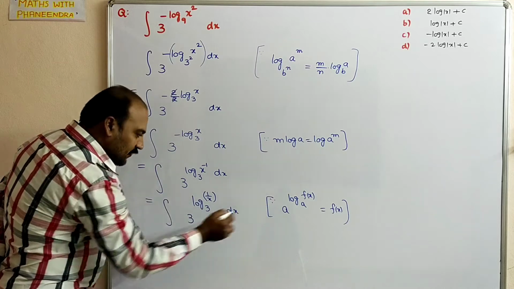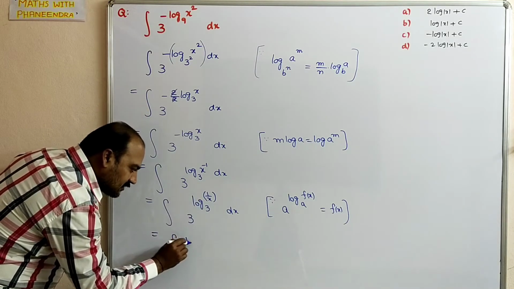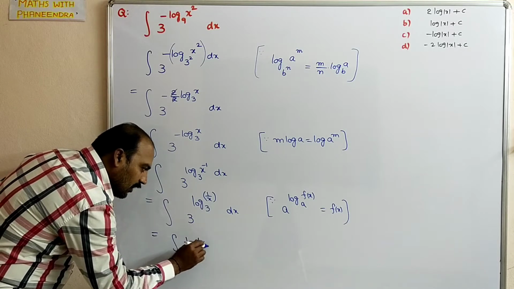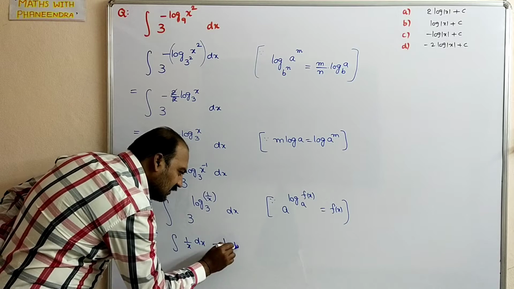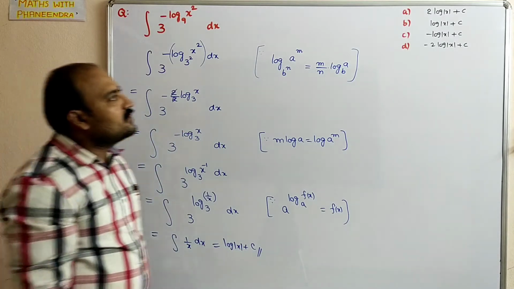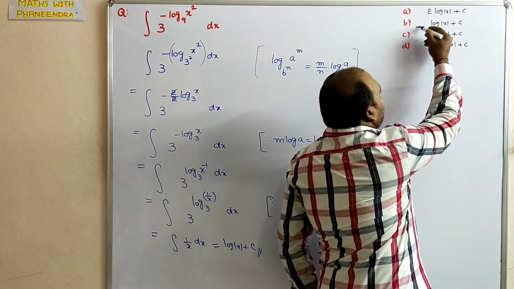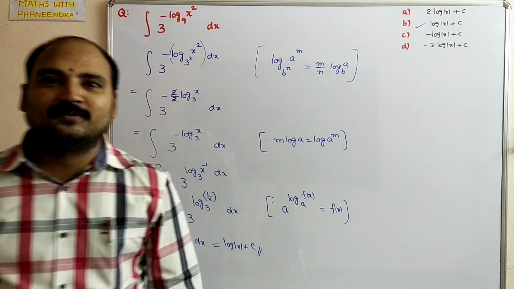So by using this formula, it becomes integral f of x, value is 1 by x. What is integral 1 by x? Integral 1 by x is log mod x plus c. So log mod x plus c, which is there in the second option. We'll move to the next question.